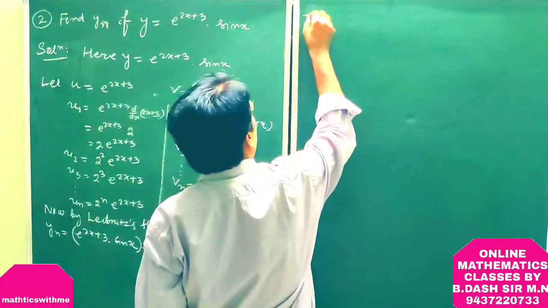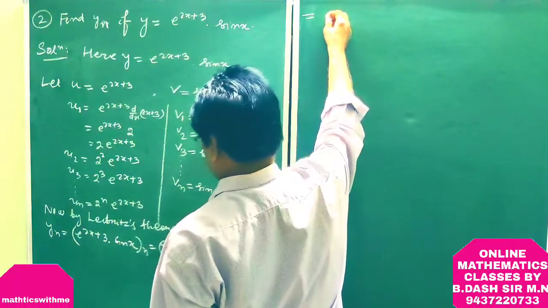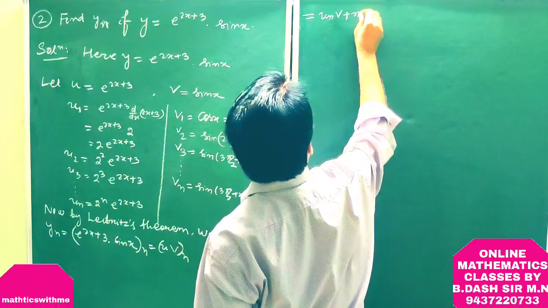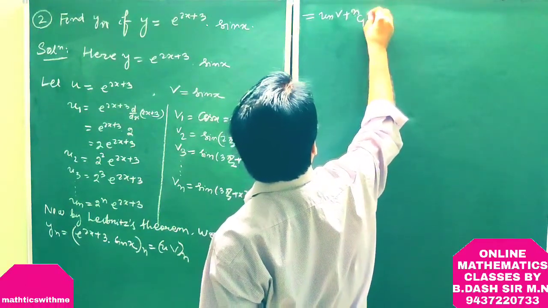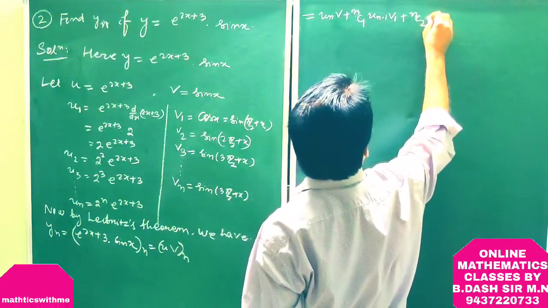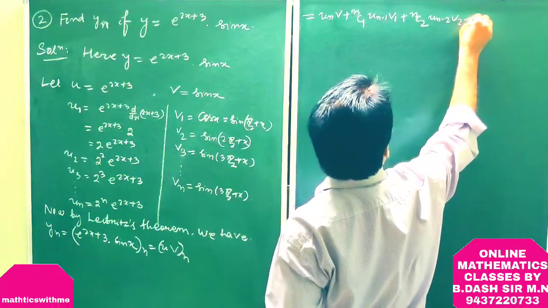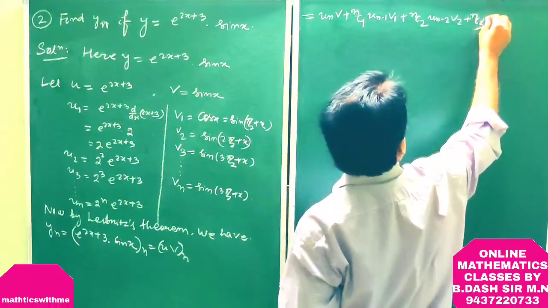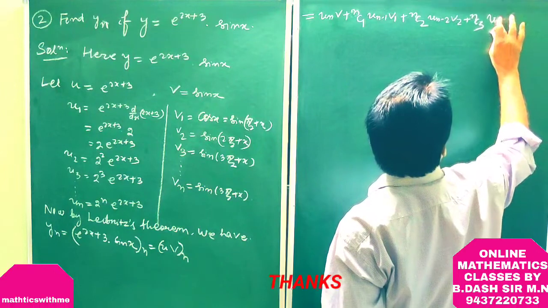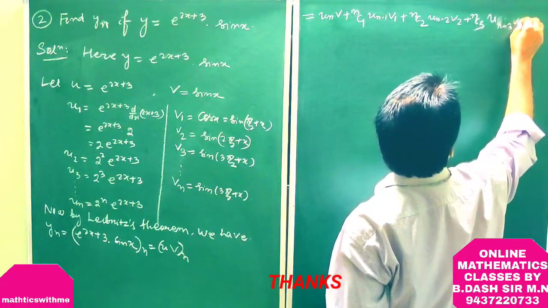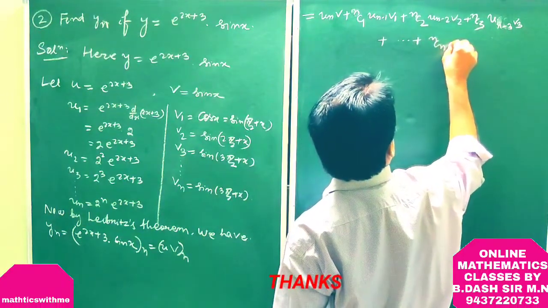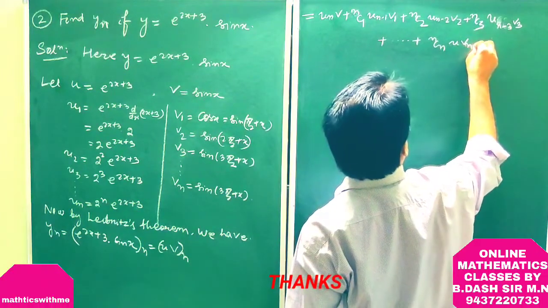So this is equal to u n v, plus n c 1 u n minus 1 v1, plus n c 2 u n minus 2 v2, plus n c 3 u n minus 3 v3, plus and so on, plus n c n u v n.